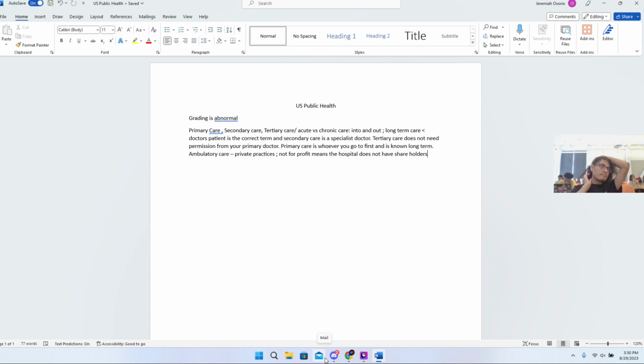And then the other thing is EMTALA, the Emergency Medical Treatment and Labor Act that I mentioned. EMTALA is really important because it means that hospitals have to treat you, they can't turn you away. Like I said, they can charge you, they don't have to treat you for free, but they can't turn you away.